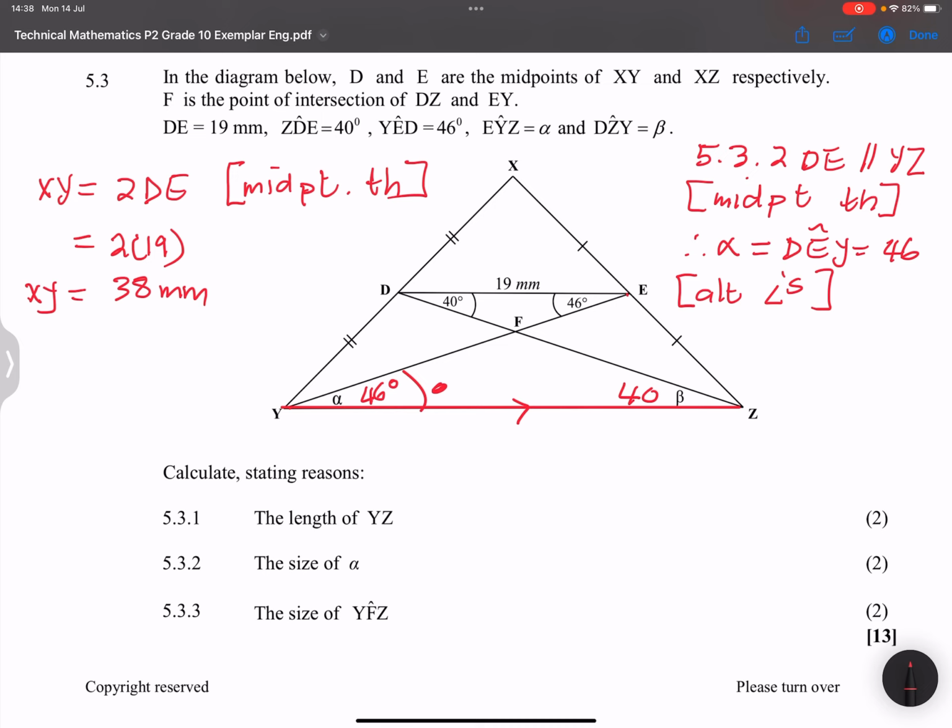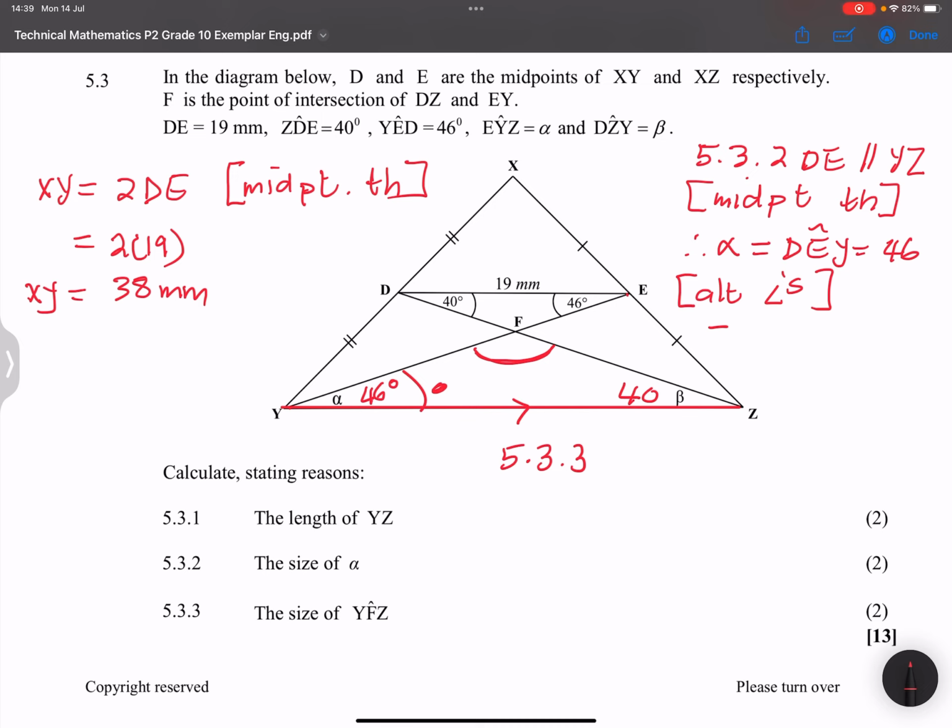And then finally they say find the size of angle YFZ, which is this guy over here. Let's write it over there, 5.3.3. Firstly, we need to make an announcement.